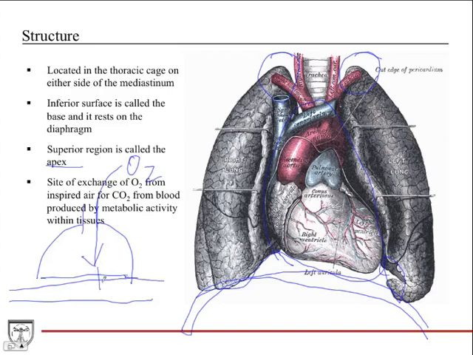The O2 is going to go in, and then the CO2, which came from tissues, because if you remember from metabolism and biochemistry, metabolism gives off CO2 as a byproduct. So CO2 goes into the bloodstream, gets taken up to the pulmonary vessels. CO2 gets released out, breathed out, and then O2 gets breathed in, and then diffuses into the blood, and that provides our oxygen for the rest of the body.